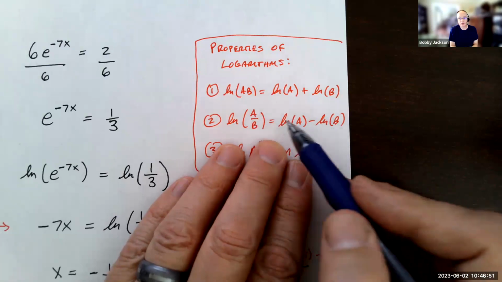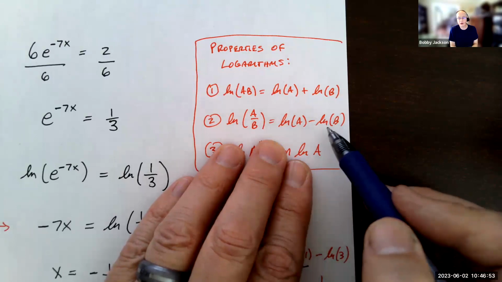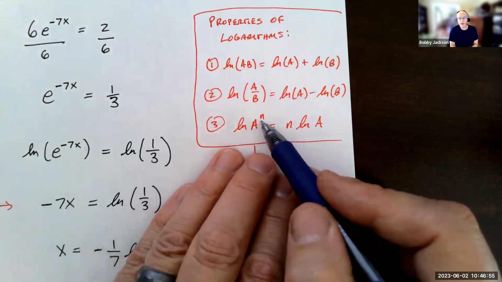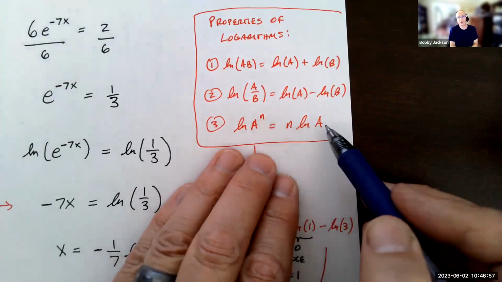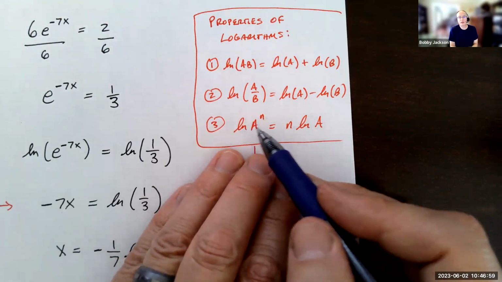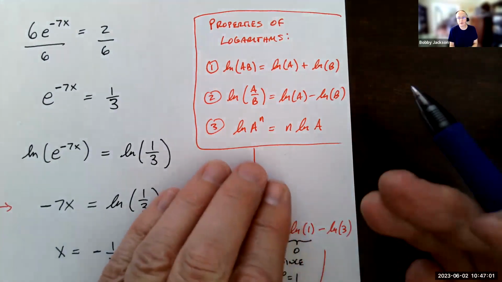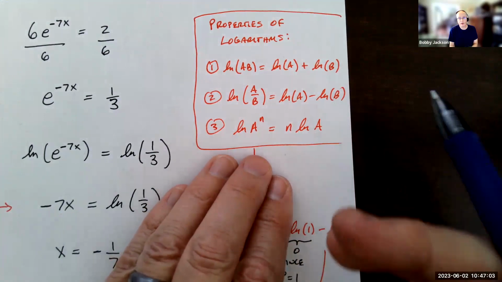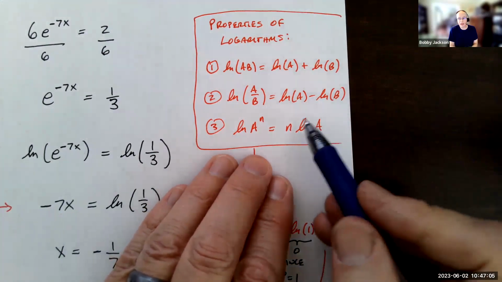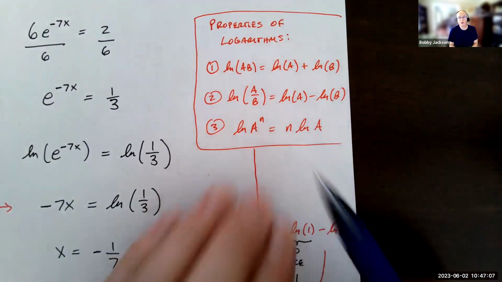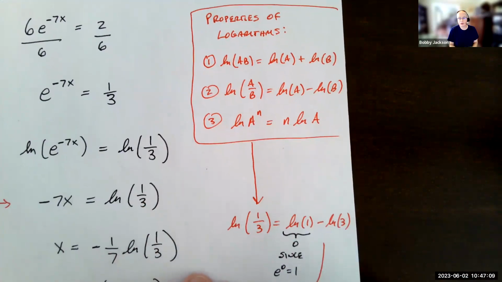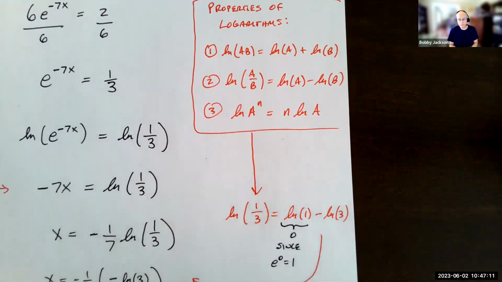Notice it's the natural log of a, the top, minus the natural log of b. And then the natural log of a to the n is n times the natural log of a. Again, why is that? Because when we take an expression and raise it to another power, then we're going to multiply the exponents. And again, the natural log of a is the exponent on this expression.